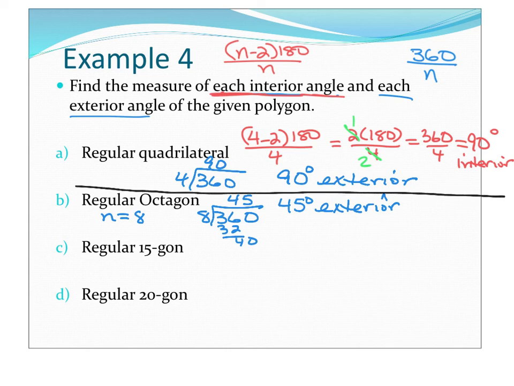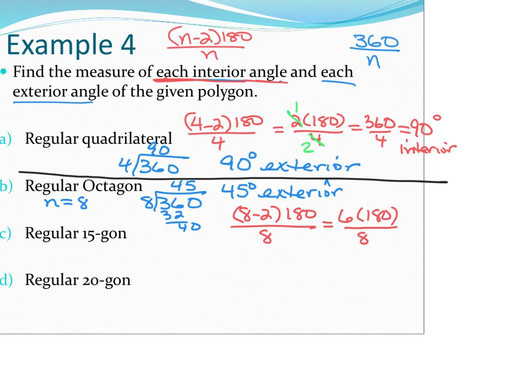For the interior of the octagon, we're going to do 8 minus 2 times 180 divided by 8. 8 minus 2 is 6. Divide by 8. Now, if you're not using a calculator, you might want to simplify before you multiply. I could reduce the 6/8 and make this 3/4.